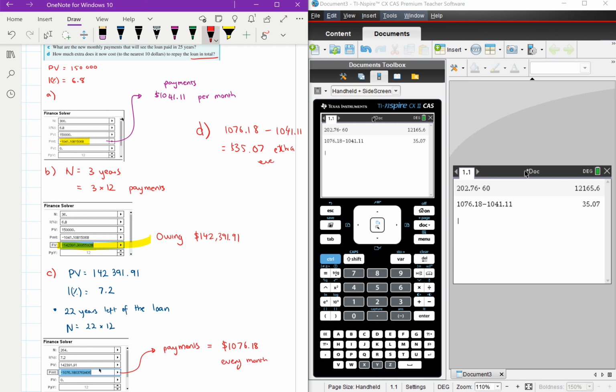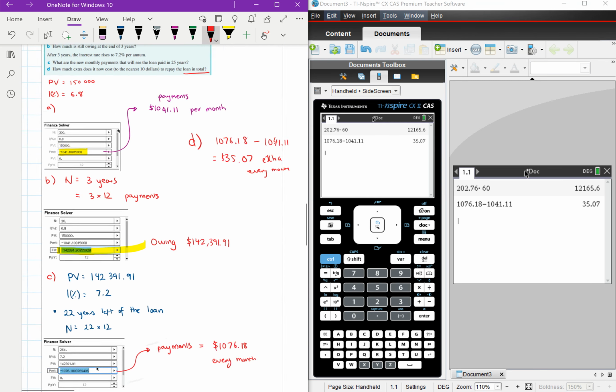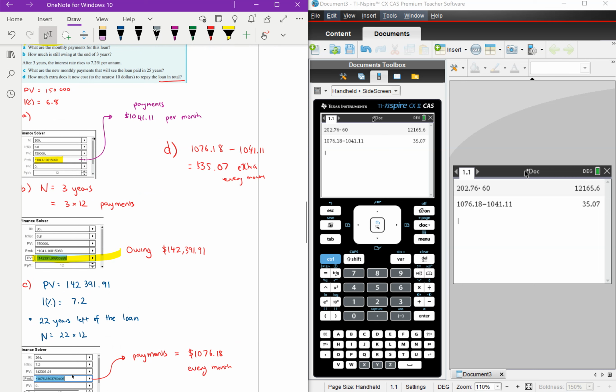every month. But then how many months do I have left over? Remember, they calculated for us here 22 times 12. I still have 264 extra payments to do. So that means I am paying extra in total $35.07 multiplied by 264.